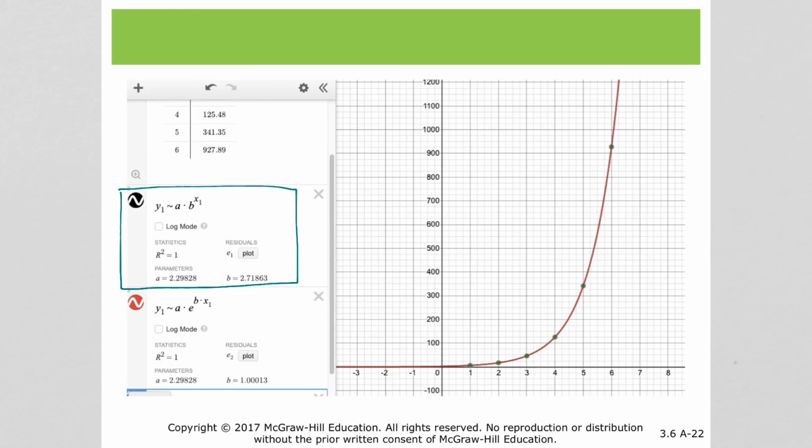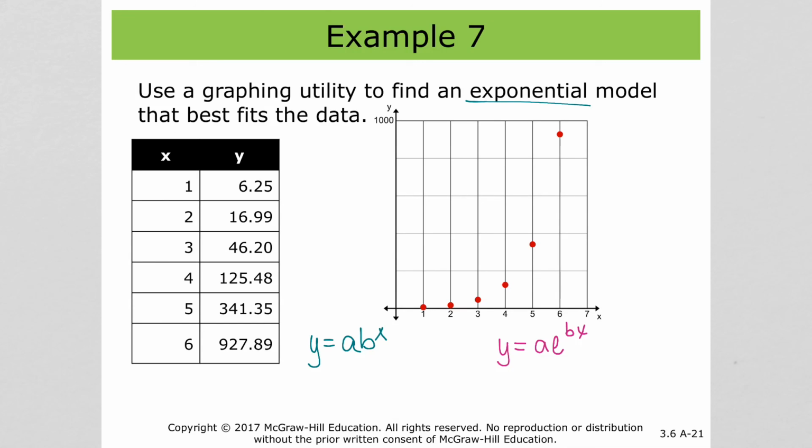That's using our first model. And we've been given these parameters where a would be that and b would be that. So our first option would be y equals 2.299 times 2.718 to the x.